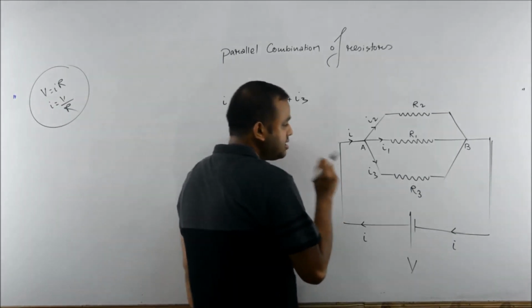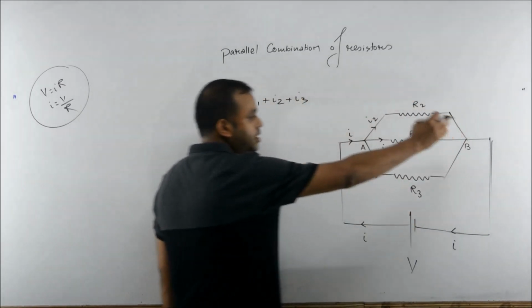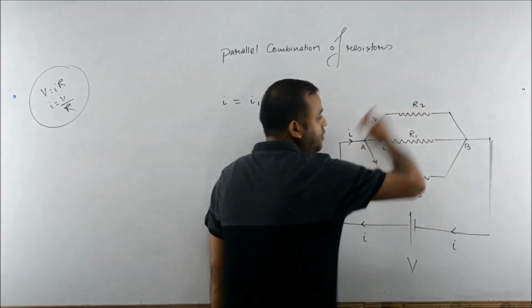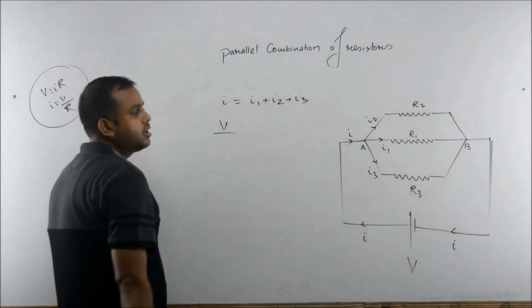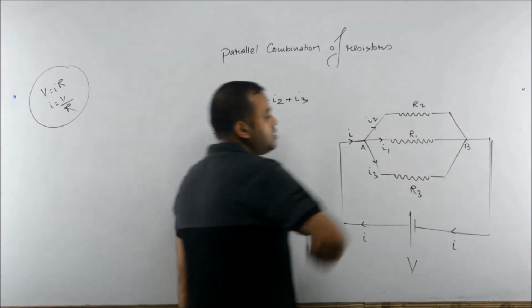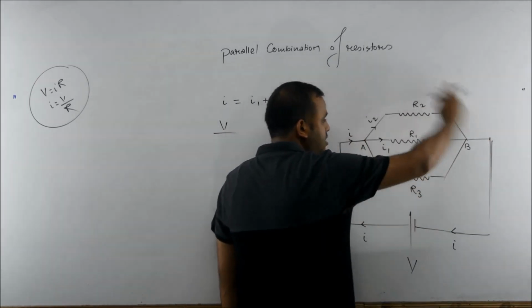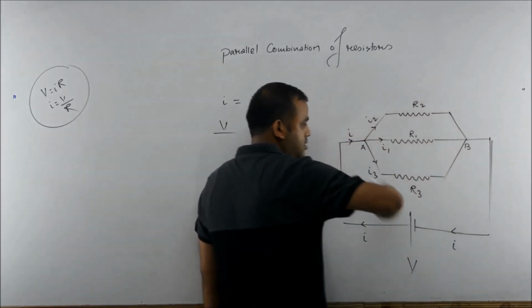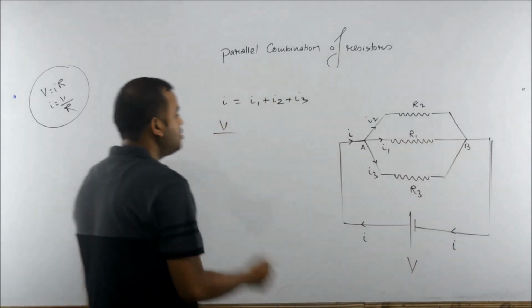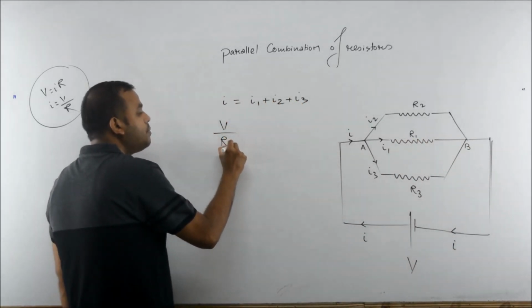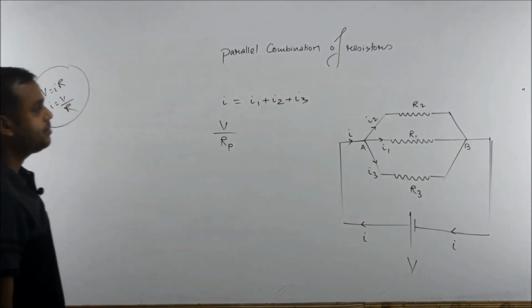It is the current flowing through the combination. The potential difference across this combination is V. And if I ask you what is the equivalent resistance between this point and this point, let it be RP, P for parallel.